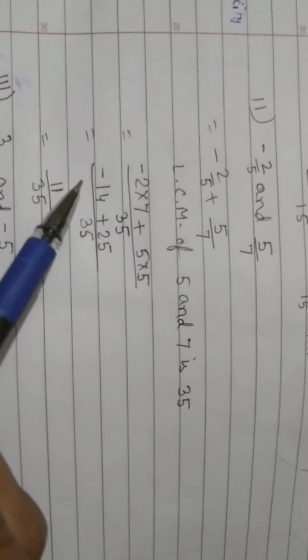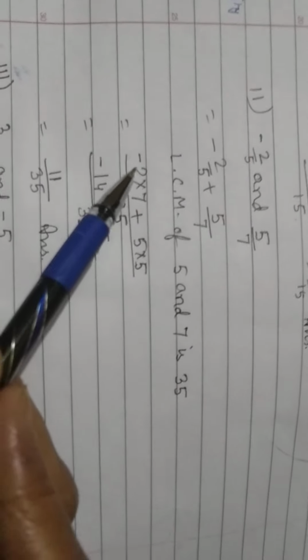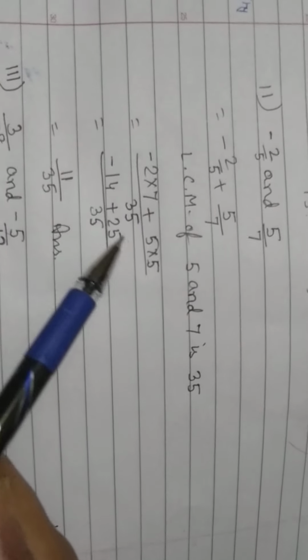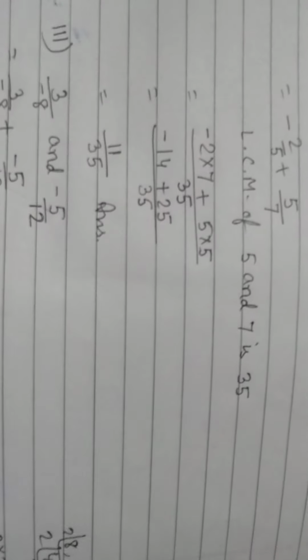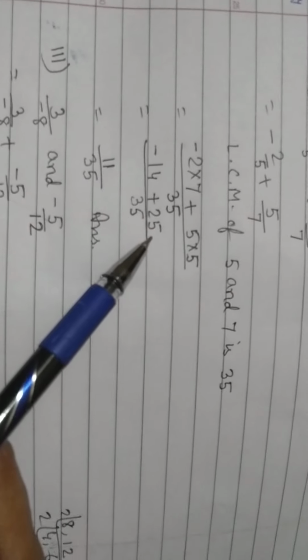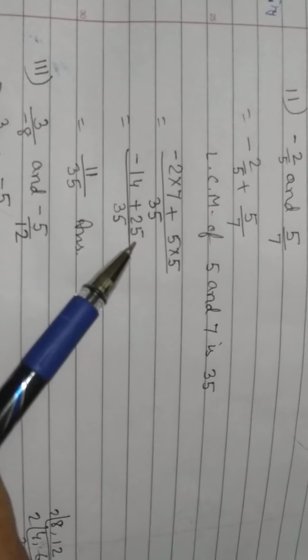Next step, the denominator is 35 and the first number becomes minus 2 into 7, which is minus 14, and 5 into 5 is equal to 25. Now one number is negative and the other is positive, so we subtract the numbers and the sign of the greater number will come.